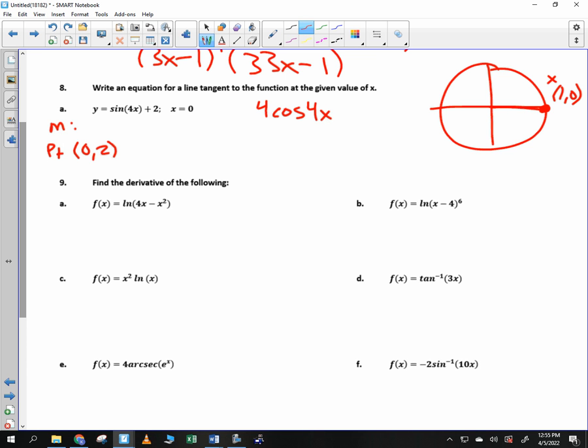So cosine is 1, y is 0. I don't remember anything. I reconstruct it every time. I don't ever go just based off memory. Don't memorize anything. Reconstruct it, and then you'll know it every time. You plug in 0, you get 1 times 4. So my slope is 4. I have the y-intercept. It is 2. So therefore, the equation is y is equal to 4x plus 2.